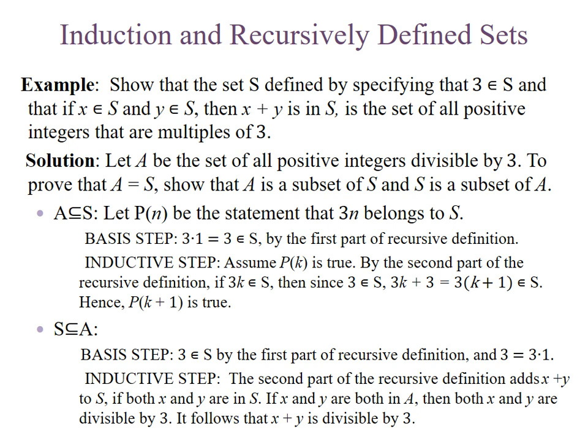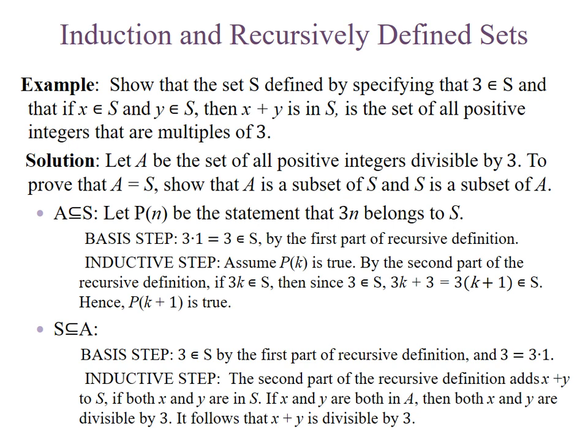So let's see the definition of A being a subset of S. The definition is: if an element is in A, then the element is also in S, then we can claim that A is a subset of S. So let's see how we prove that A is a subset of S. Okay, so we can have this propositional function P of n, which is the statement 3n belongs to S, because A is the set of all integers divisible by 3.